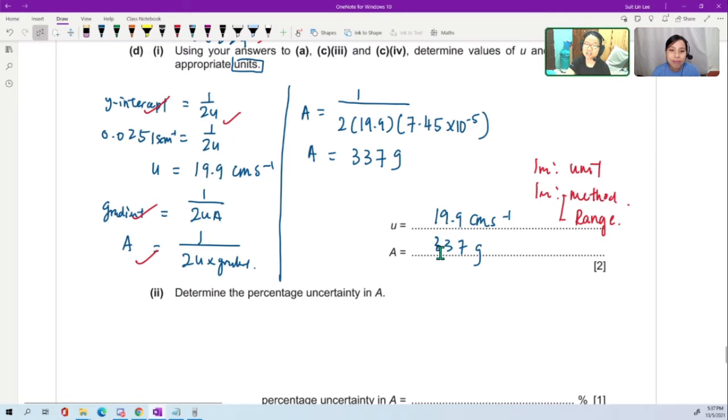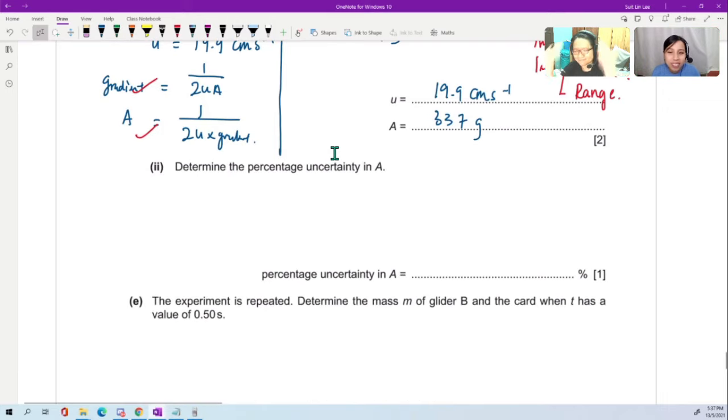Because if you get your trolley at 337 kg, it cannot be in the lab. Or if your speed is 1990 cm per second, that's too fast. You travel 19 meters, wow, faster than Usain Bolt. Cannot be. So you can do some physical reality checks.